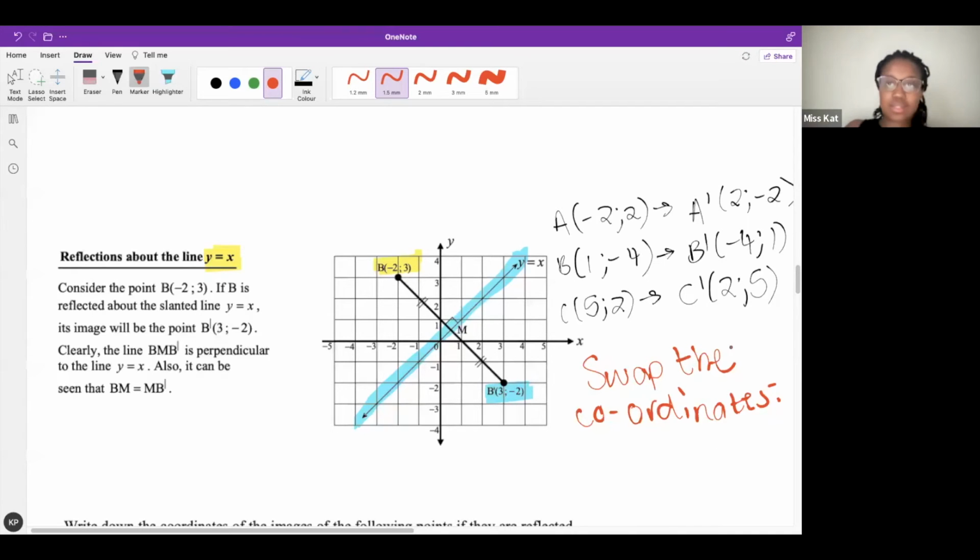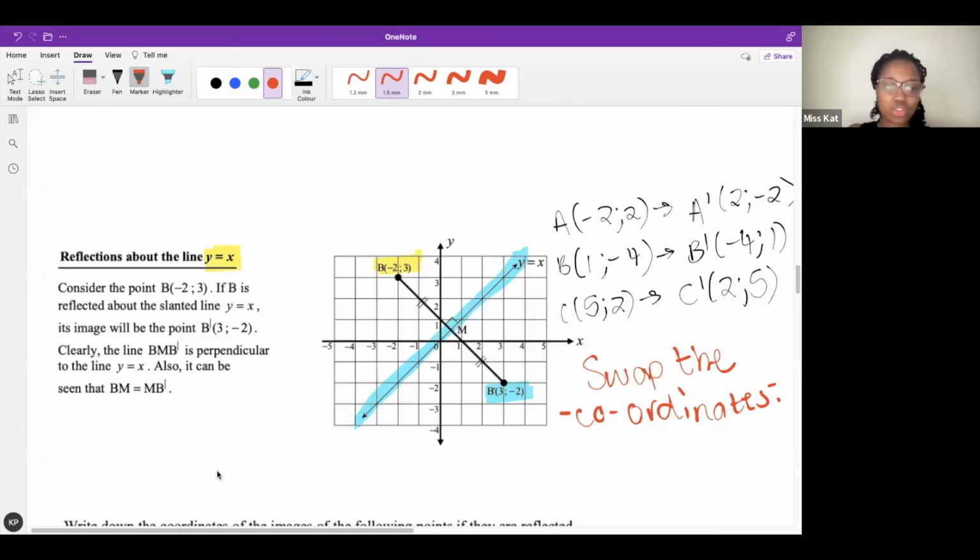Okay, guys, are we good? So for the line y equals x, maybe later on we'll do the one in the line y equals -x, but for now, don't worry about that. Are we good so far? I'm pretty sure this one is the easiest.